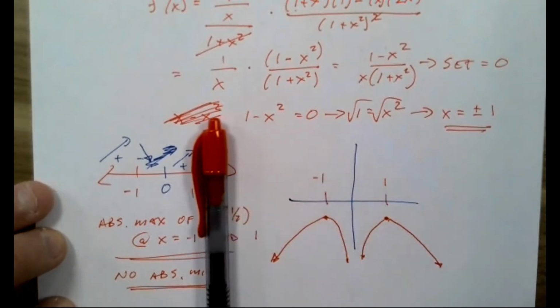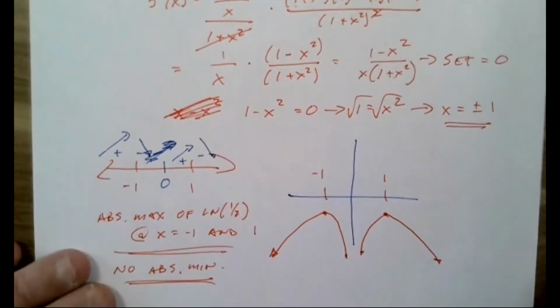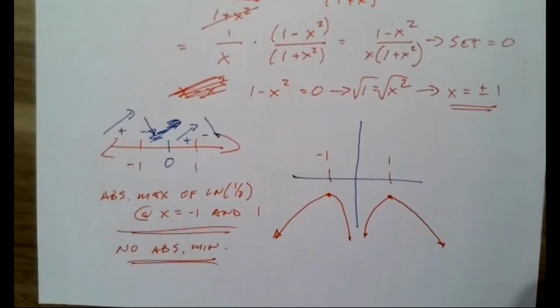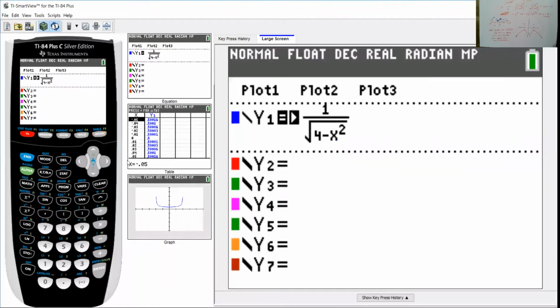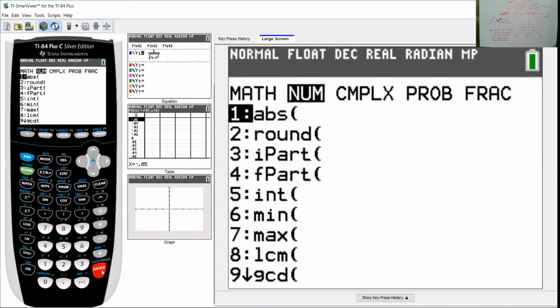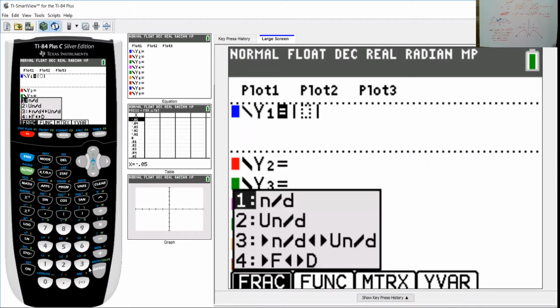And let's go find out the end of the story. Sorry about that. ln of absolute value. Let's see what we got. Share screen. Math, go over 1, absolute, stick a fraction bar in there.